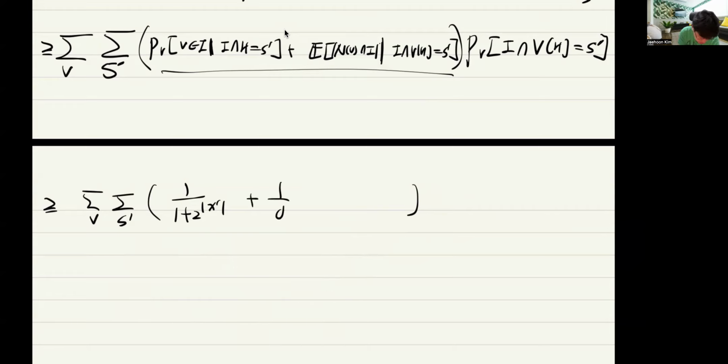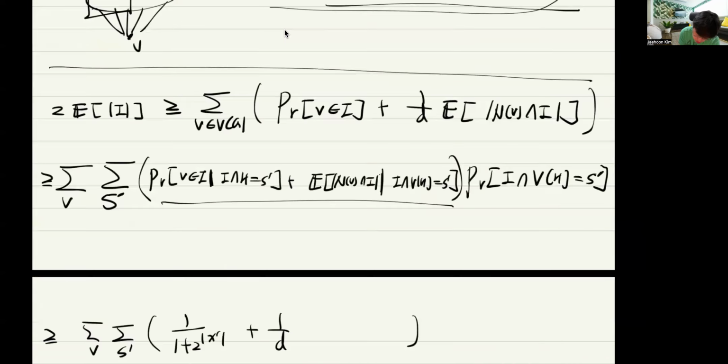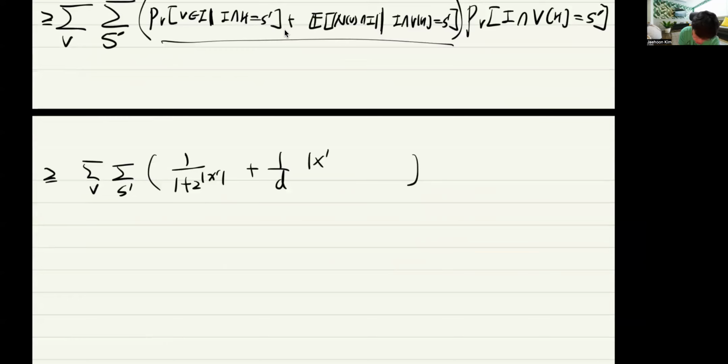Plus 1 over T times what? This one. X prime and 2 to the X prime minus 1, over 1 plus 2 to the X prime. Times this probability here.